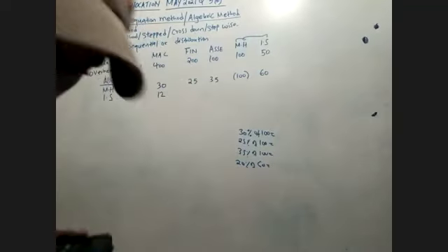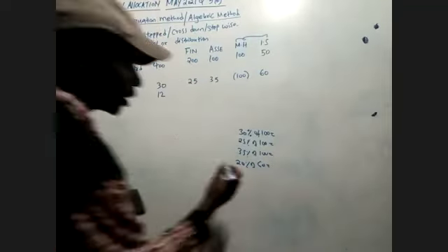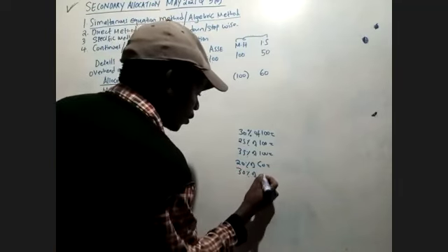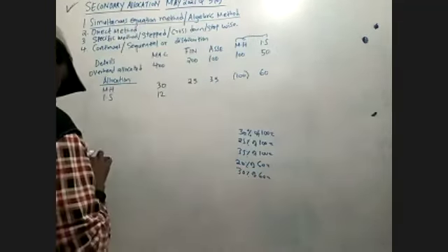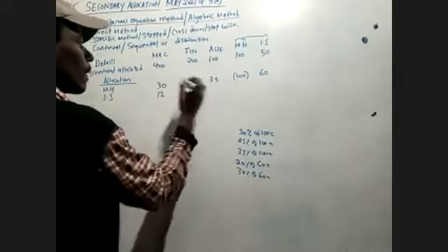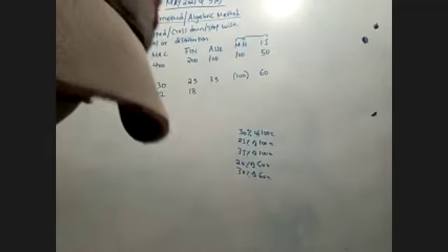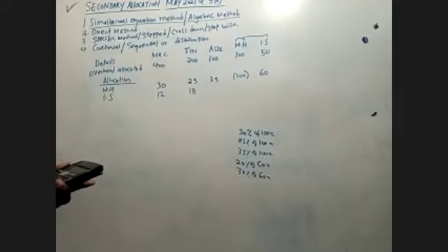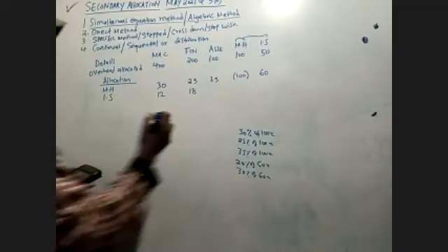Tukitoka kwa 20%, tunaenda kwa 30% of 60 ni 18. Haya, tunaenda kwa 45. 45% times 60 ni 27.